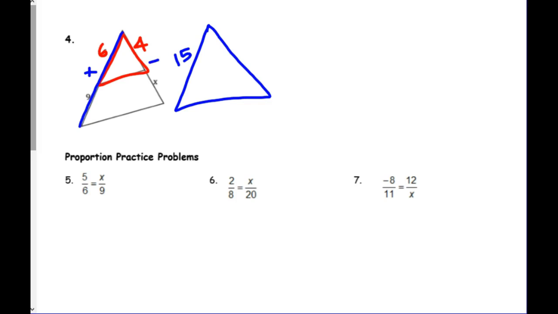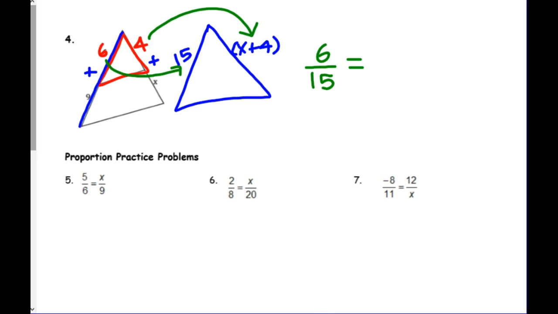On the right side, 4 plus x, and we're going to connect them like we did last time and make two fractions. 6 over 15 equals 4 over x plus 4.